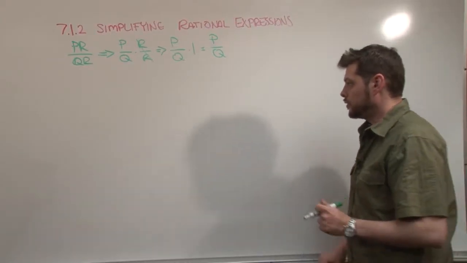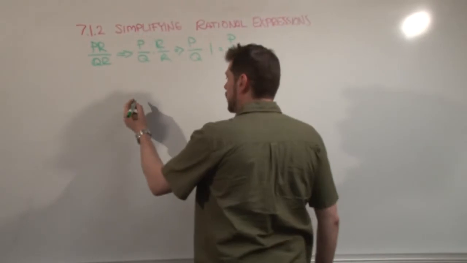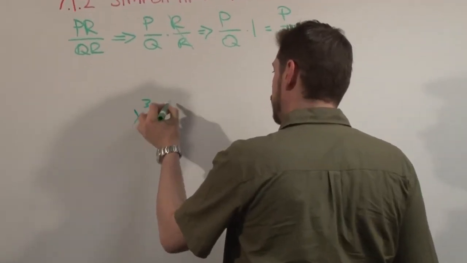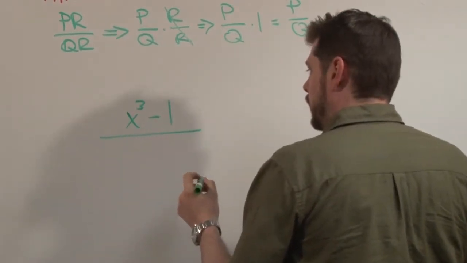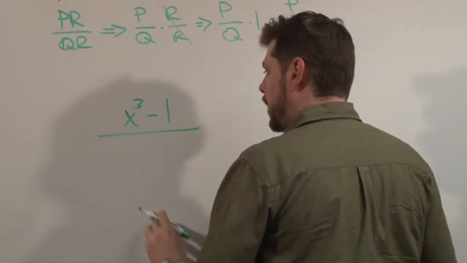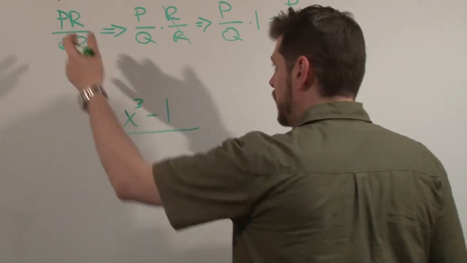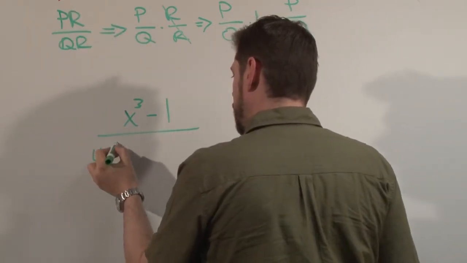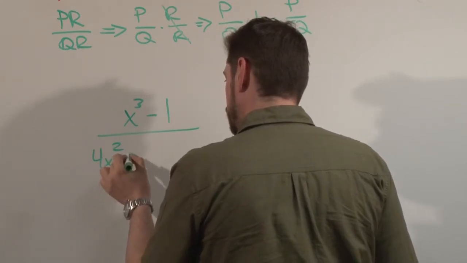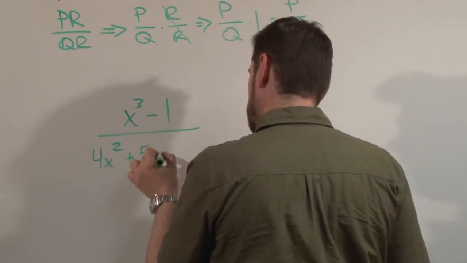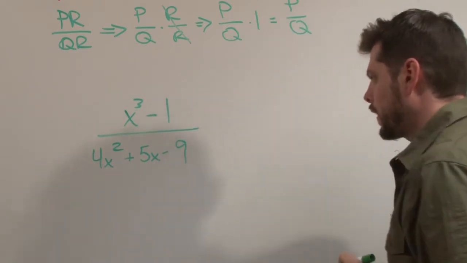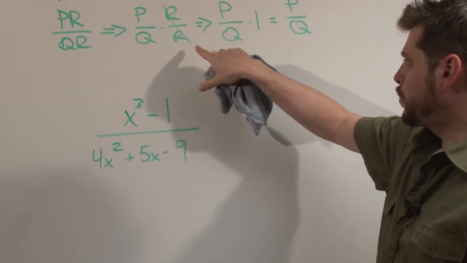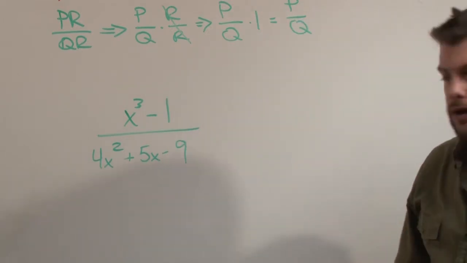So our last example is a little bit more complex, but our method stays the same, where we're going to start with a numerator and denominator that we have to rewrite as a product, and then get a common factor, and then rewrite it to where we can use our identity property, and we'll have simplified our rational expression.